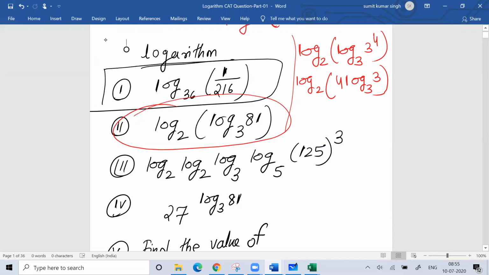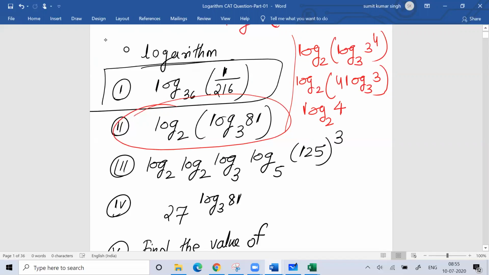You can bring the 4 down. You know that log base 3 of 3 is 1, because if the base and the argument are both the same, then it becomes 1. So now the question becomes log base 2 of 4.